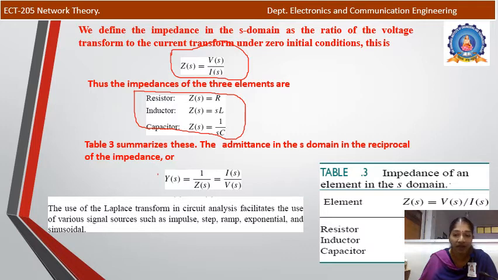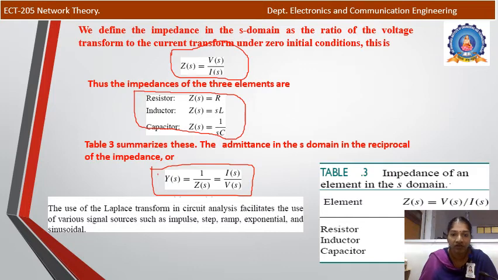Resistance is V by I. We call it impedance because it contains the reactive components also, the inductor and capacitor components having a reactive, that means imaginary, and real parts. That is why we represent that by using the notation Z of S, and that is known as impedance. The inverse of this impedance is known as admittance, that is denoted by Y of S, that is equal to I of S by V of S.